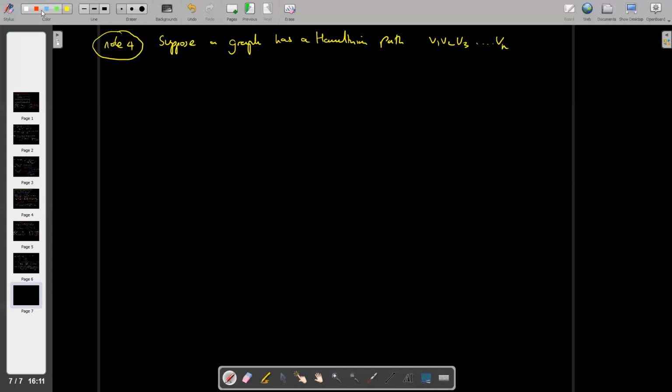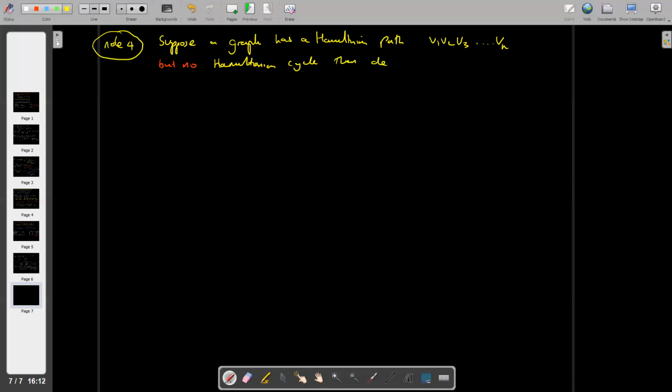But importantly, no Hamiltonian cycle. So it's got a Hamiltonian path, but it hasn't got a Hamiltonian cycle.